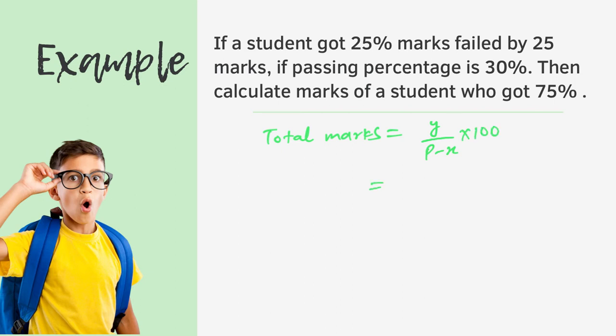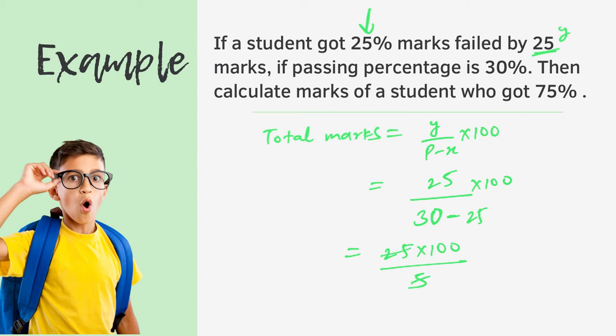Here Y is 25, P is the passing percentage, 30, minus X, the percentage the student got, 25, into 100. So total marks is 25 into 100 divided by 5. When I cut 25 by 5, I get 5, so the total marks is 500.